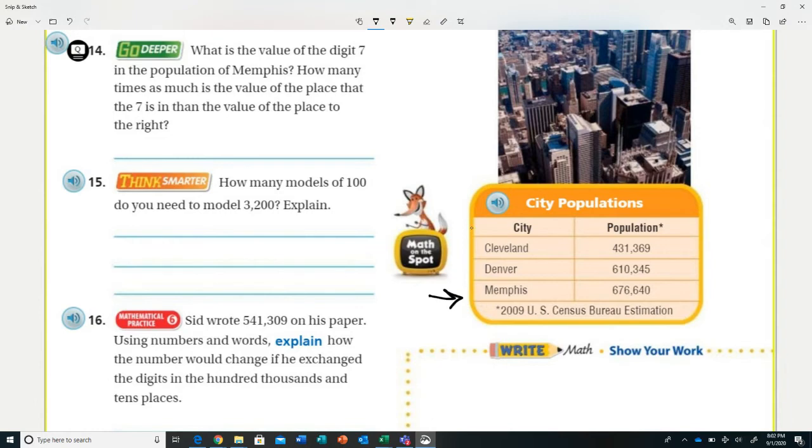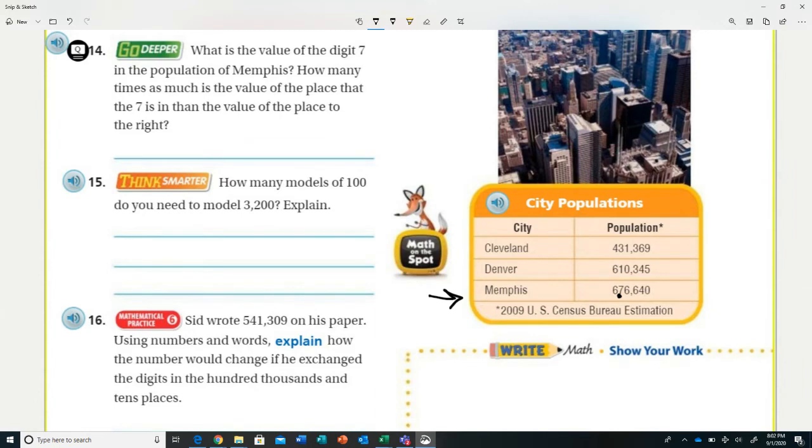So, what is the value of the digit 7 in the population? Right there. How many times as much is the value of the place that the 7 is in than the value of the place to the right? Well, hopefully you've been listening. So the value of the place to the right is 10 times less.